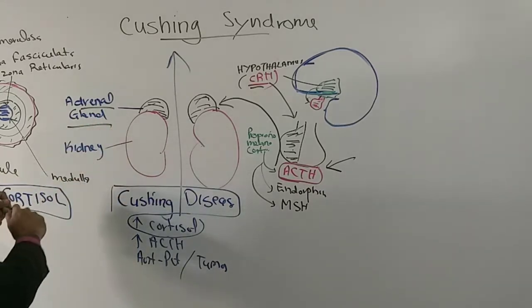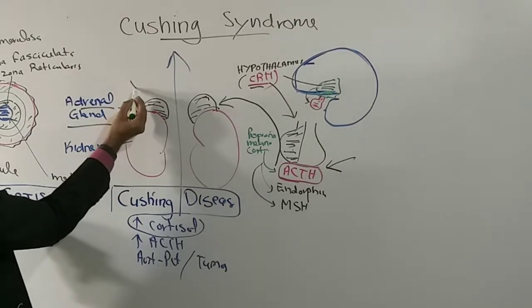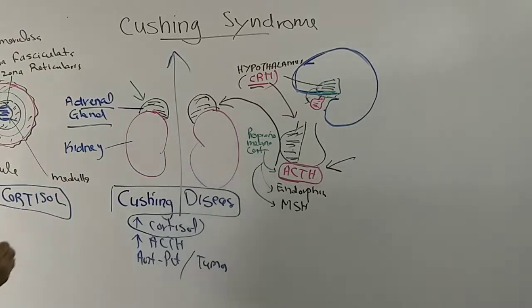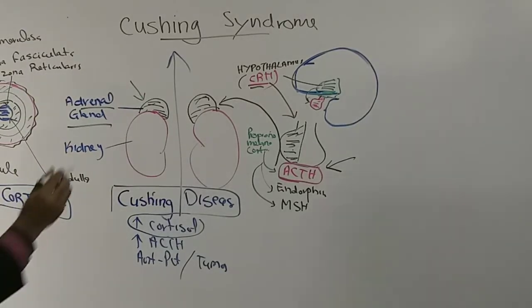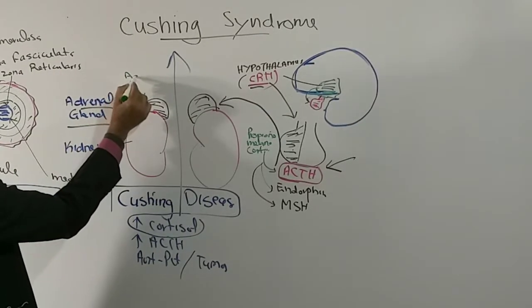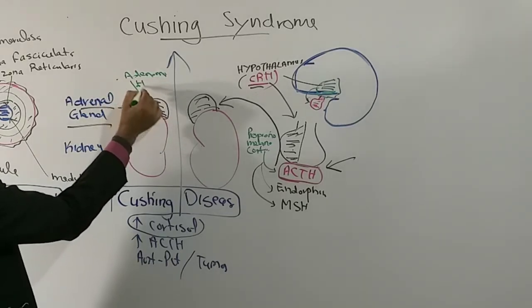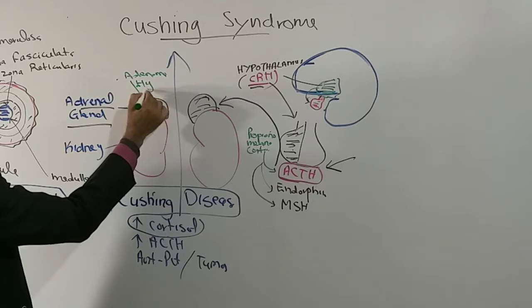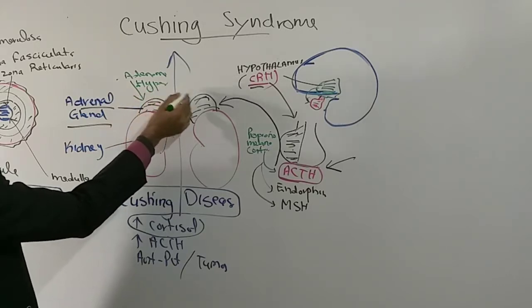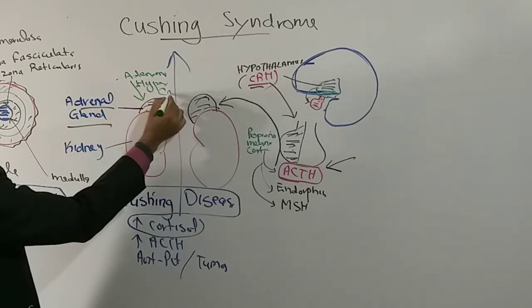It can be because of some tumor of the adrenal gland. There may be localized higher production of cortisol in the adrenal gland because of adenoma, because of hyperplasia of both adrenal glands, bilateral adrenal hyperplasia, or it can be carcinoma.